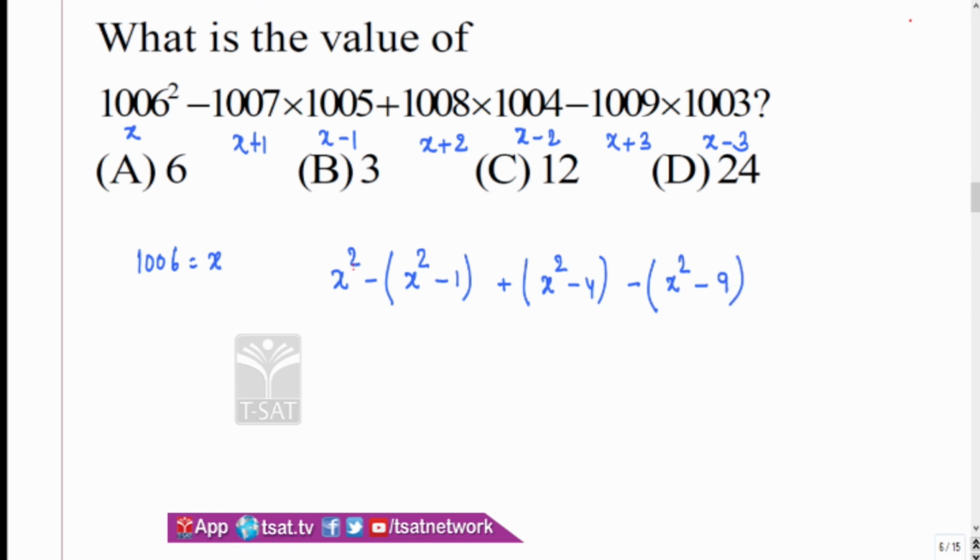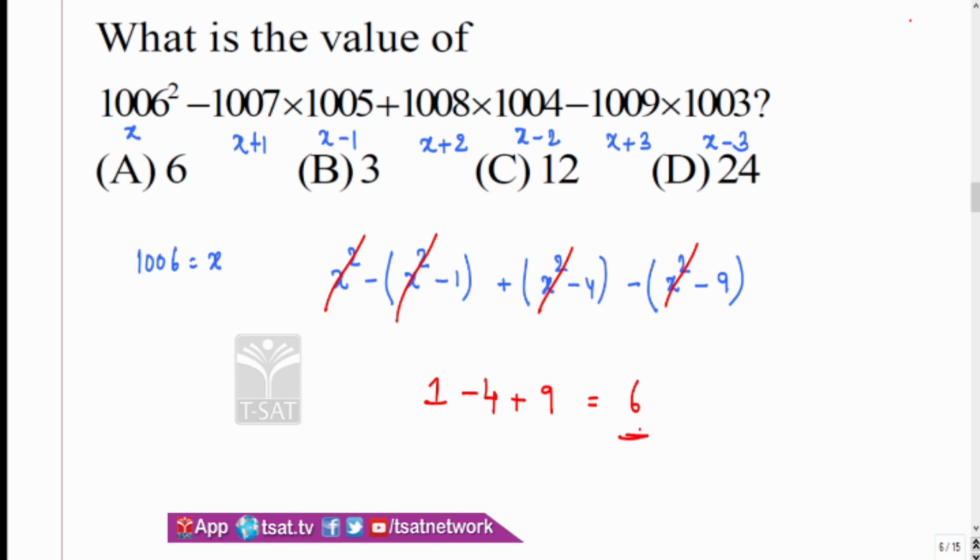See here, x square minus x square cancel, x square minus x square also cancel. Now minus 1 into minus 1 is plus 1, then plus into minus, this is minus 4, then you have minus into minus plus, that is plus 9. So 1 plus 9 is 10, 10 minus 4, it's 6.